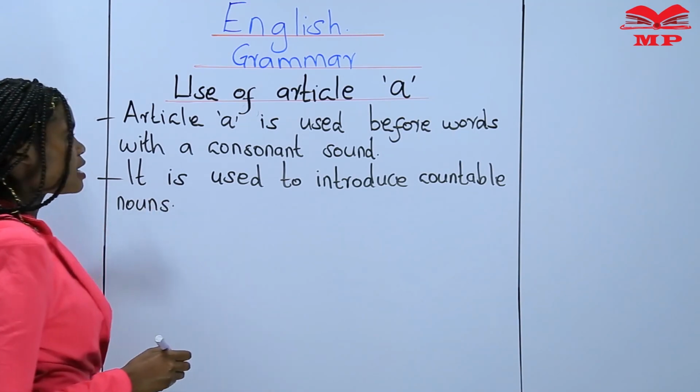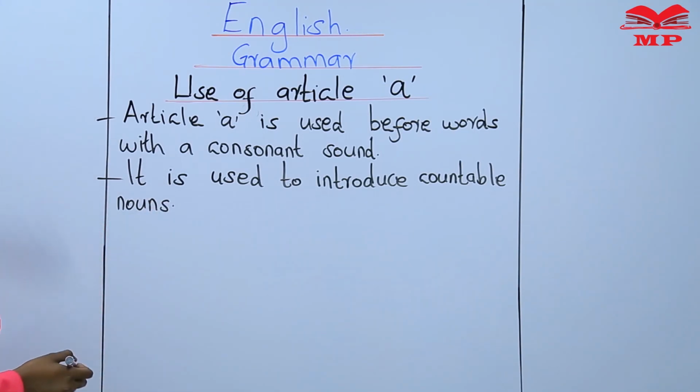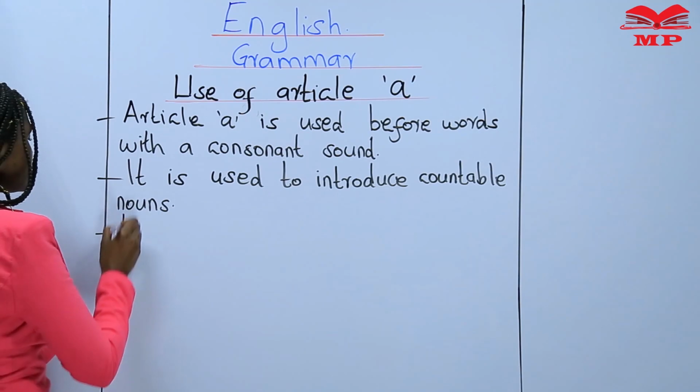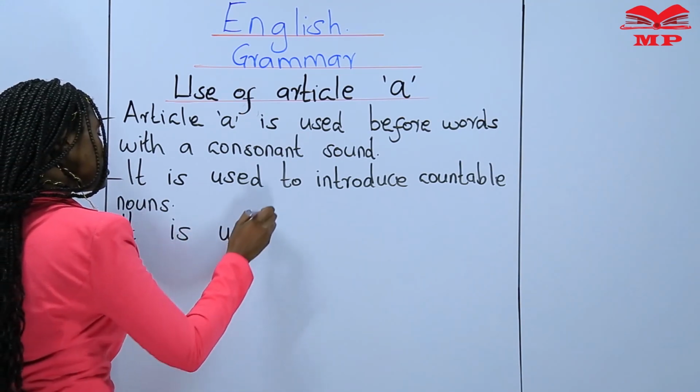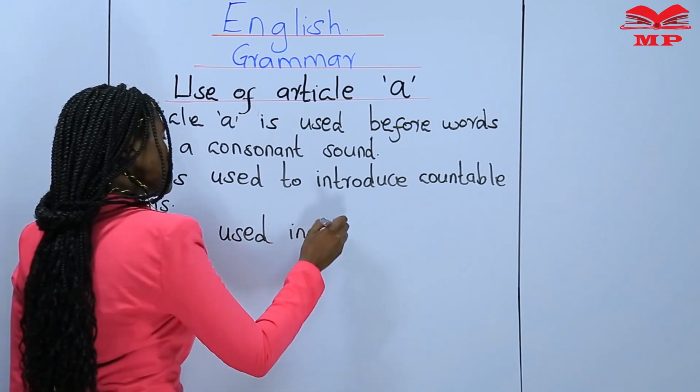So article a is used to introduce countable nouns, and therefore it is used in singular. It is used in singular form.